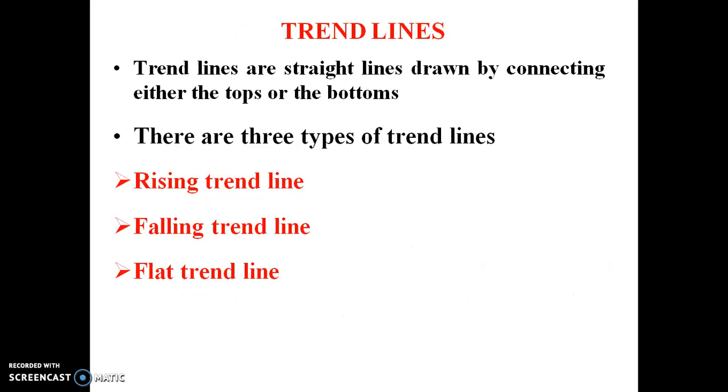It is better to draw trend lines to understand more about the trend. Trend lines are straight lines connecting tops and bottoms, or both. We can draw rising trend lines in uptrend, falling trend lines in downtrend, and parallel trend lines in flat trend.